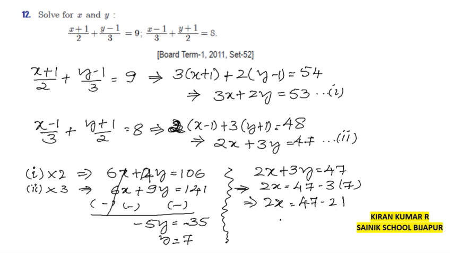We get it as 26 by 2, which will be 13. Therefore, the value of x is 13 and the value of y is positive 7. This is the result.